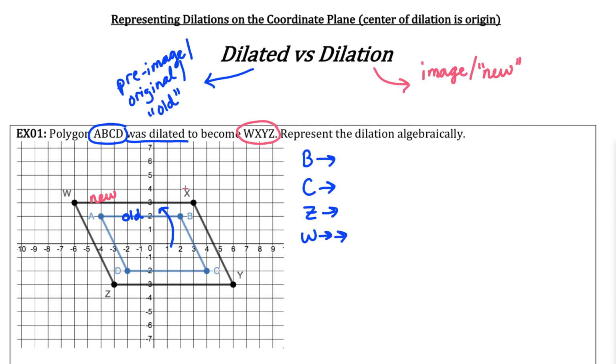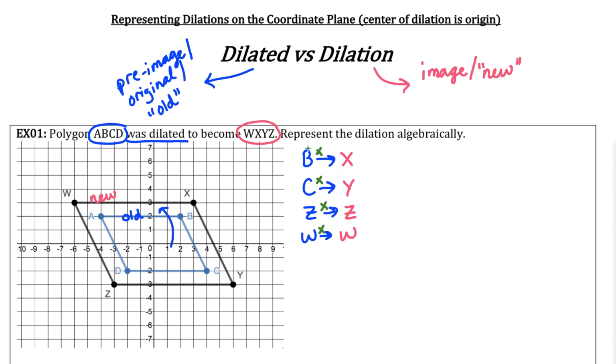They become X, Y, Z, W. Now, we know that we will be multiplying here, right? I'm going to put that in green. We're going to multiply by something. We just don't know what.